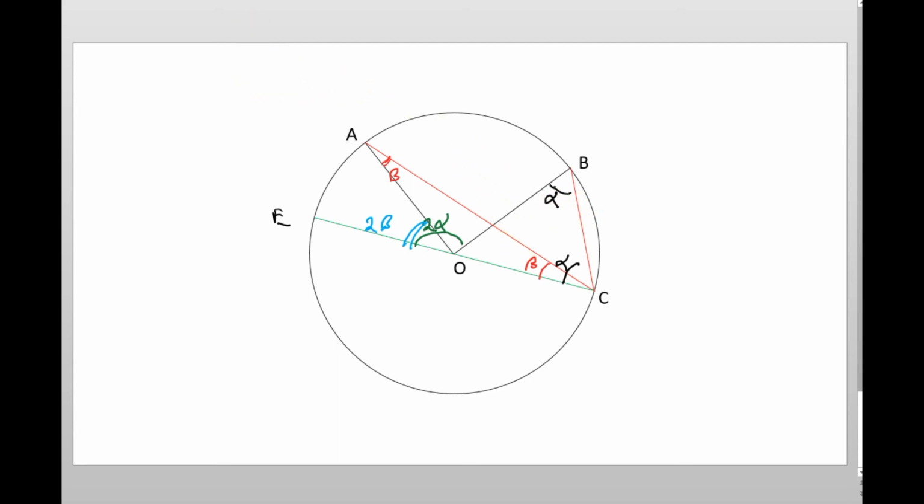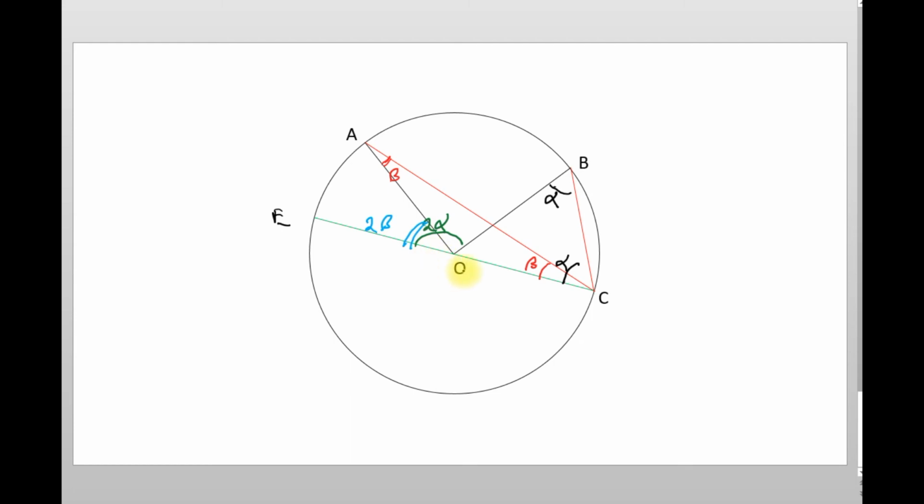By the same reasoning that we used in the previous proof, in triangle OBC, OB and OC are radii of the circle, so OBC is an isosceles triangle. Therefore, these two angles in black are alpha, i.e. the angles OCB and OBC. By the same reasoning, in triangle AOC, OC and OA are radii of the circle and they're equal in length.